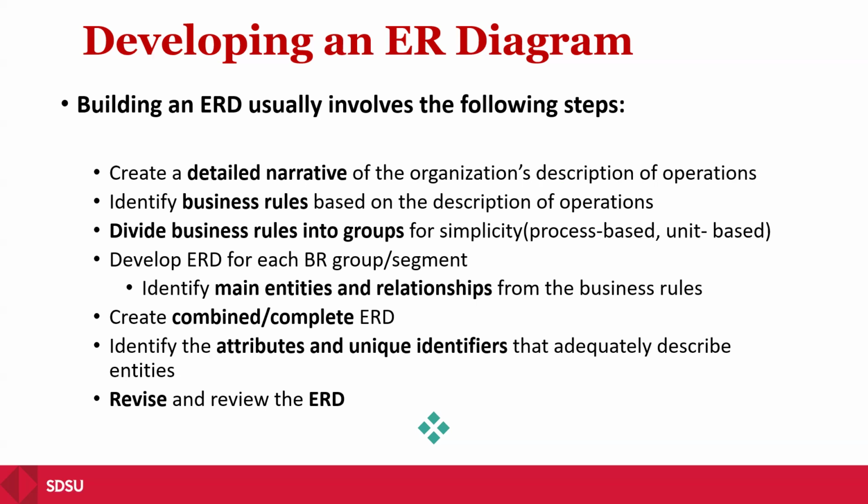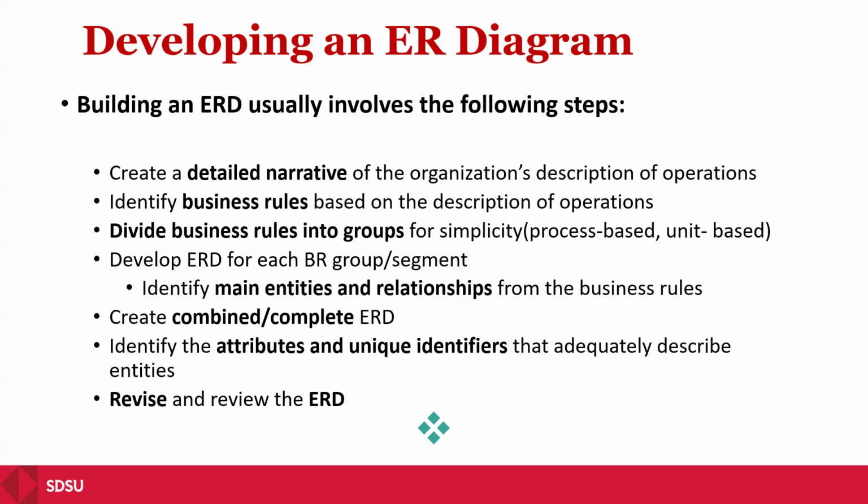Then we develop an entity relationship diagram for each of those groups, and later on, we combine all those small diagrams into one large diagram and identify the attributes and unique identifiers. As the last step, we revise our final ERD.